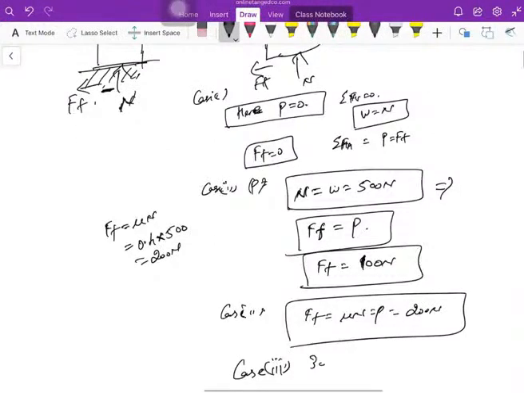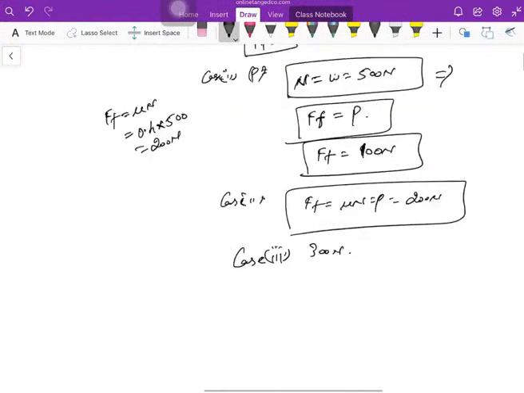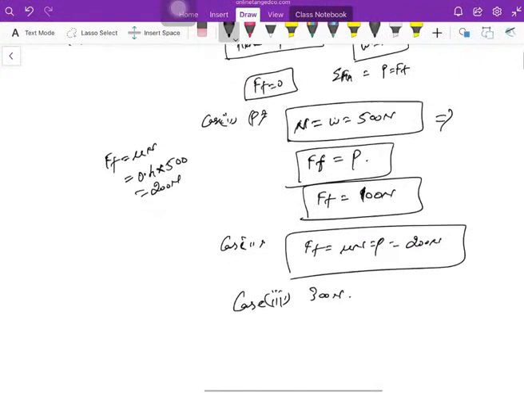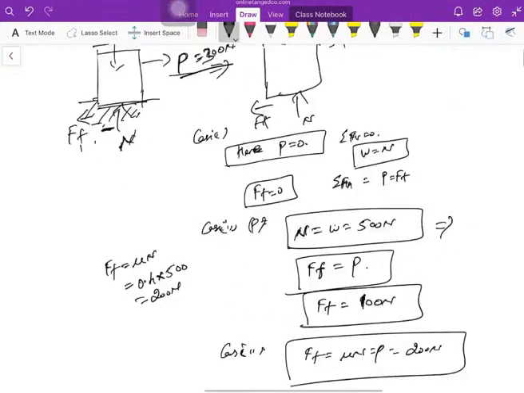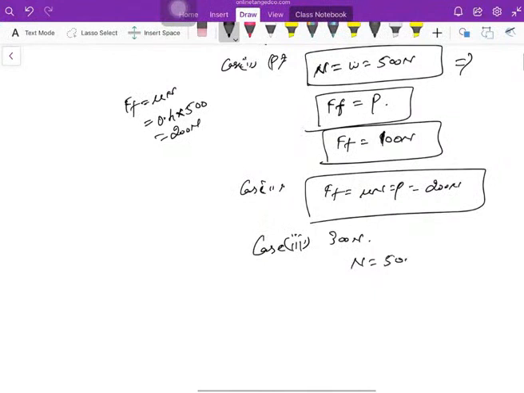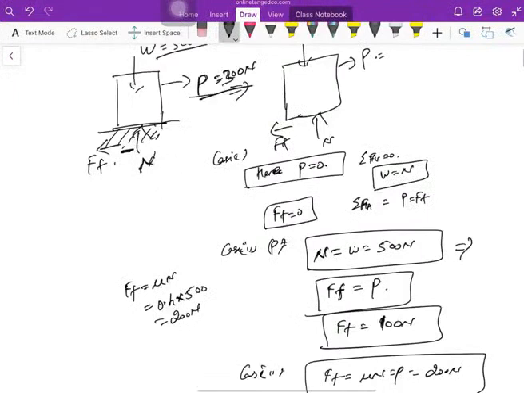Now if you resolve all the forces, sigma F vertical, N is 500 Newton. Then P minus Ff: P is 300 Newton, which I'm applying to pull the block.